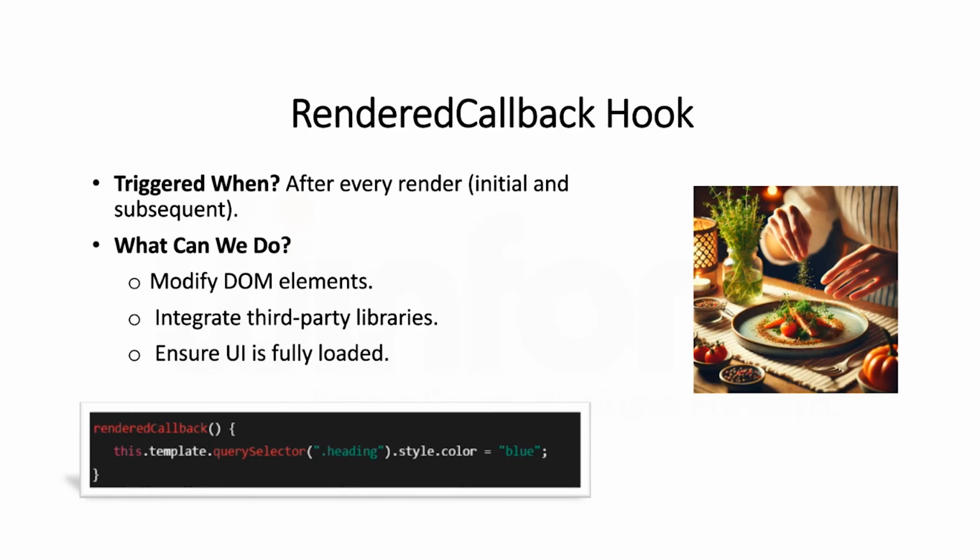It's used for accessing and modifying the document object model, the DOM. Here you can modify the DOM, initialize third-party libraries, and ensure the UI is fully loaded. You can change the styles or any functionality, and if you need to re-render it, the rendered callback comes in and we can utilize it.